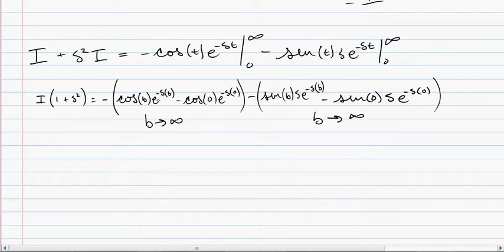So this is going to go to 0, so we can ignore this whole term.